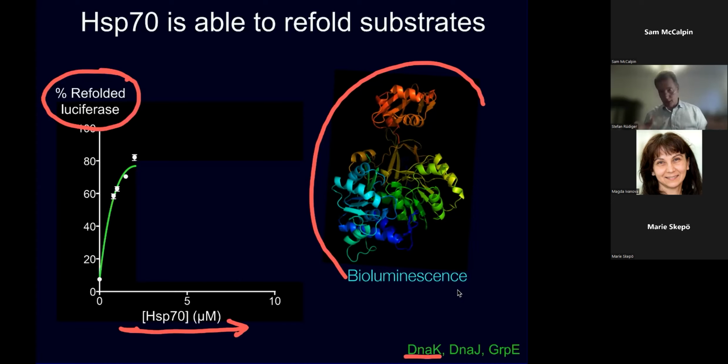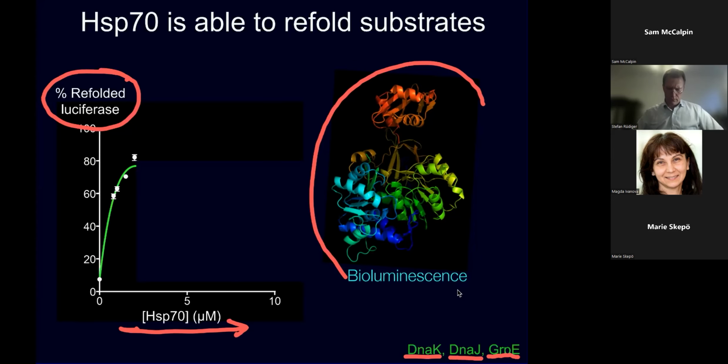And we use, I explained to you in the picture before, co-chaperones, a J-domain protein, hydrolyzing ATP, and a nucleotide exchange factor, which is in E. coli called GrpE. They form a machinery, and as you can see, they can refold luciferase. If you put in more HSP70, you get more refolded luciferase. It's a reaction that takes about three quarters of an hour.